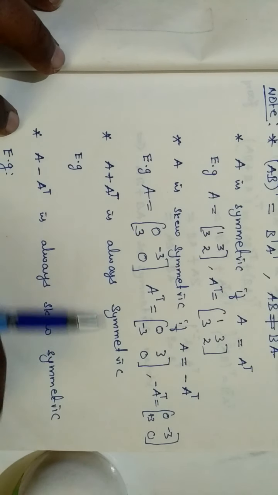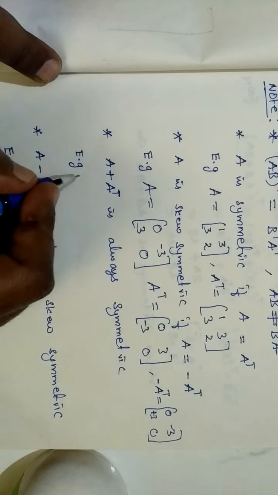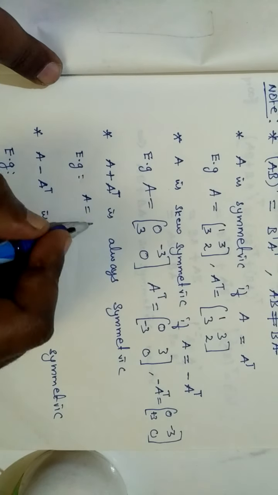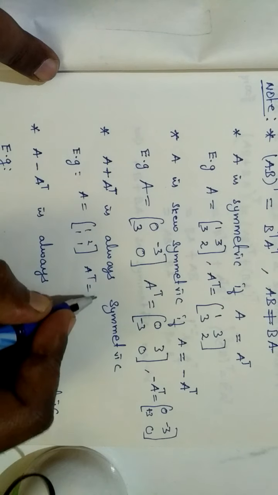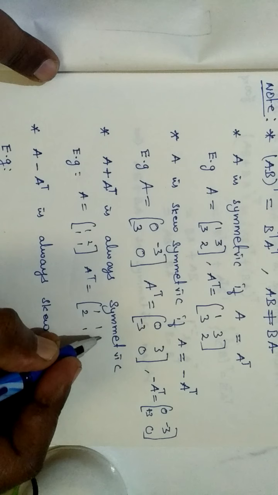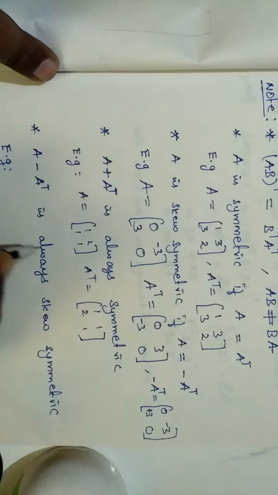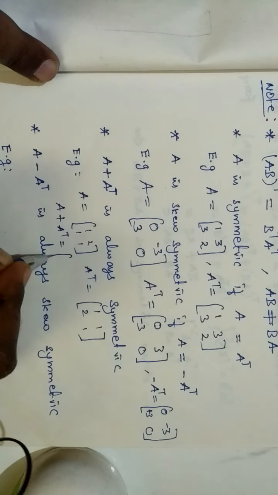Why A plus A transpose is always symmetric: you can take any example. Suppose A is any matrix, you can take 1 2 1 1. You just find out A transpose, 1 2, writing rows as columns. Then you find A plus A transpose, adding both.